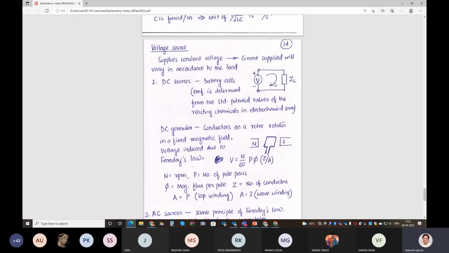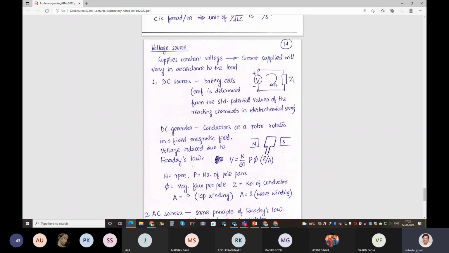Even the big batteries are there, for example in the car. The car is running, the battery that you have in the car, that is a battery cell. And you know that the constant voltage supplied by the battery cell depends on, as you have studied in chemistry, the electrochemical series. You have to calculate the EMF generated whenever there is a cathode and anode of two different elements.